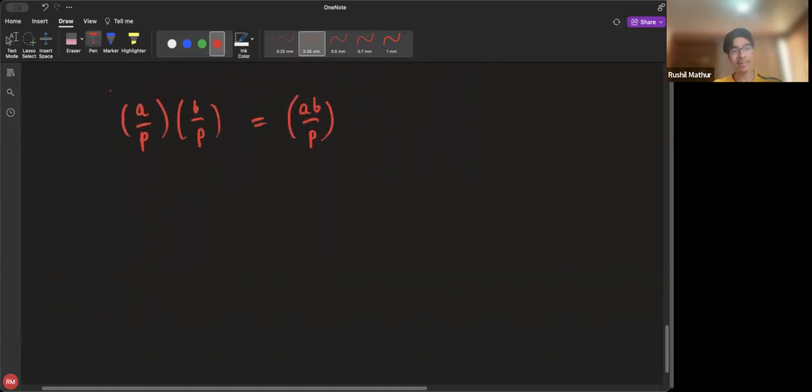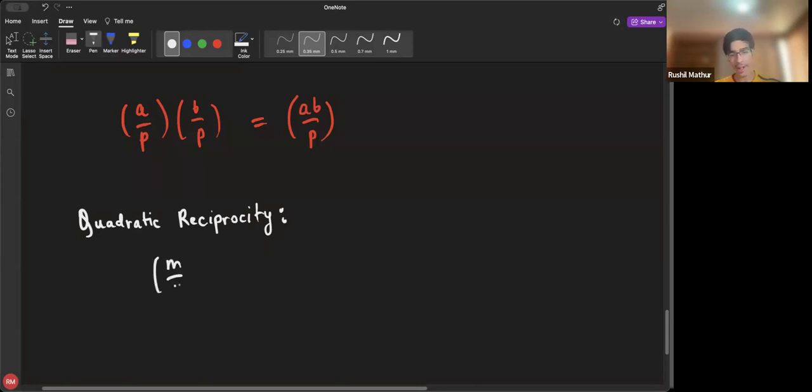And really, when things become magical is when we announce this big thing called quadratic reciprocity. The actual theorem is for just odd numbers, but ideally you should only be using it when m and n are primes.